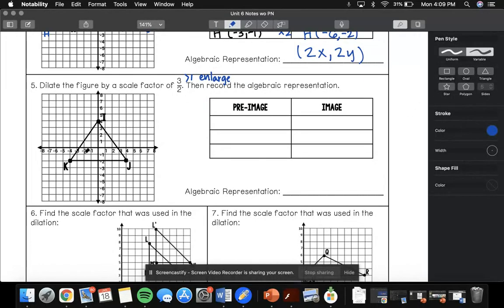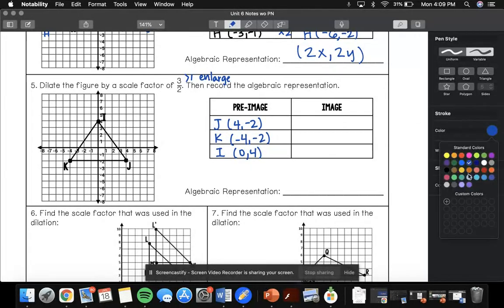So we're going to write the 3 vertices, J, K, I. J is at (4, -2). K is at (-4, -2). And I is at (0, 4). So you guys are going to try writing these ordered pairs. We're going to multiply by the scale factor.